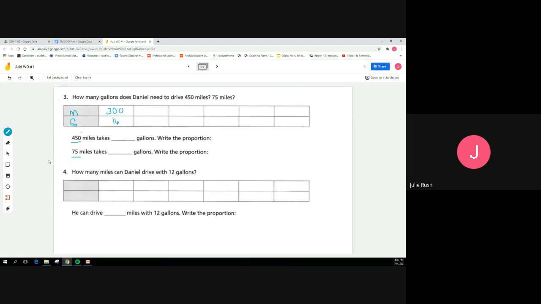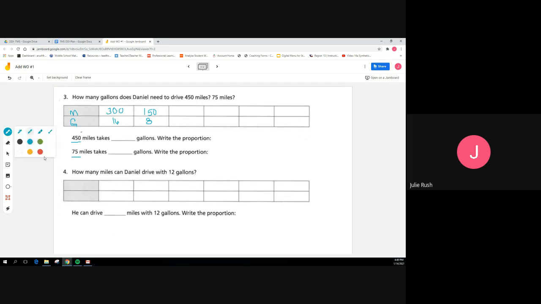Well, we've already done 75 once, okay? So we've done 75 once, but we could get to it pretty easily. And so I'm going to go to 450 first, and I'm going to do that by taking half of 300, which gives me my 150, and then half of 16 is 8.